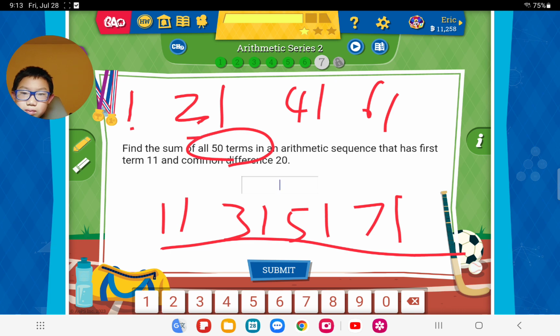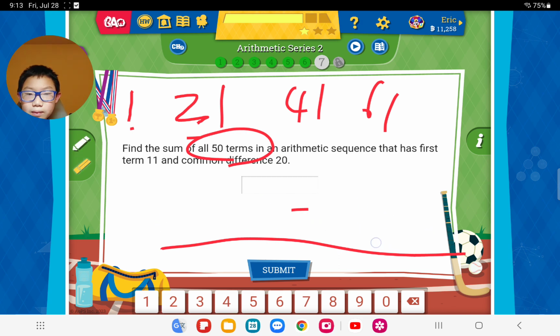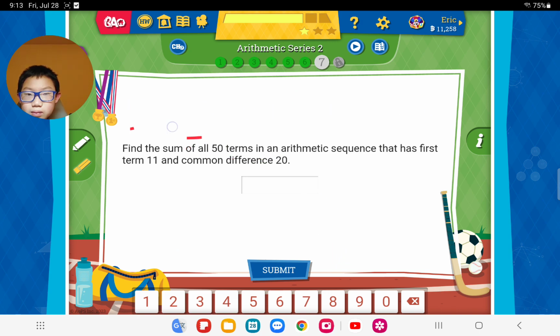So this is a sequence. Let me see which one is easy for you. Let me think about how to think about it.